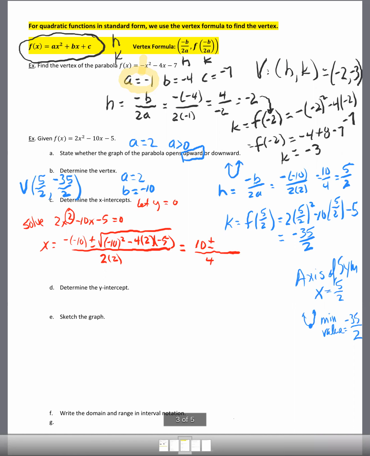So it looks like we're going to have negative 10 squared is 100, and it looks like we're going to have plus 40. So it looks like we're going to have 140 underneath the root. The first thing we'd have to do now is to go in there and simplify what is the square root of 140, where we would pull out pairs of factors.